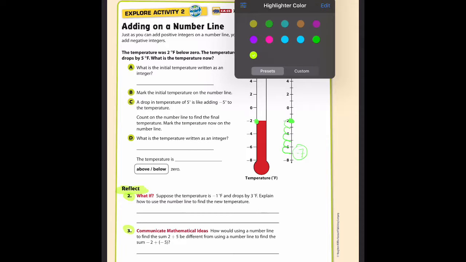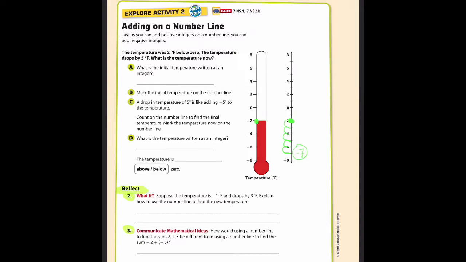Suppose the temperature is -1 degree Fahrenheit and drops by 3 degrees Fahrenheit. Explain how to use the number line to find the new temperature. So again, you have to draw a number line and find the new temperature. It's very similar to what we did up here.